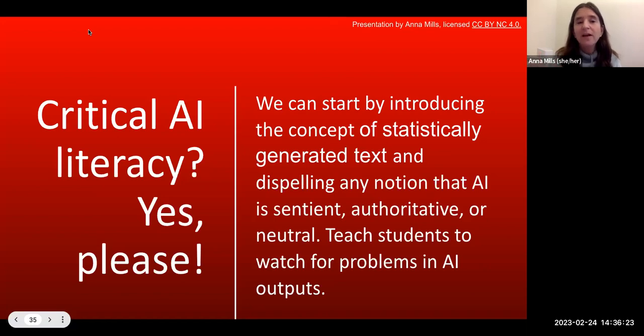Students need to be aware of how these risks in AI can lead to problems in the output if we're going to use these tools.